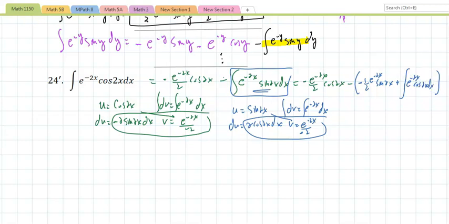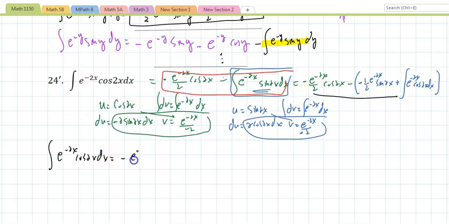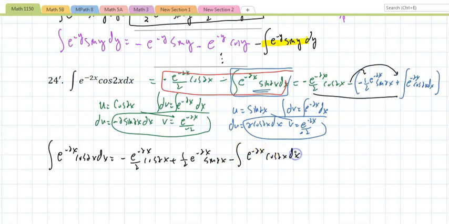And now again, if I eliminate the middle portion, if I ignore this part, copy the far left, the integral of e to the negative 2x cosine of 2x dx equal, and if I copy this part, that's negative e to the negative 2x over 2 cosine of 2x plus 1/2 e to the negative 2x sine of 2x, and if I distribute that in, that's minus the integral of e to the negative 2x cosine of 2x dx.